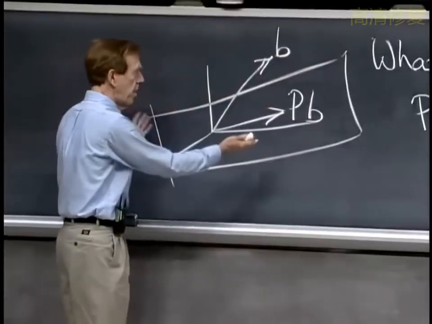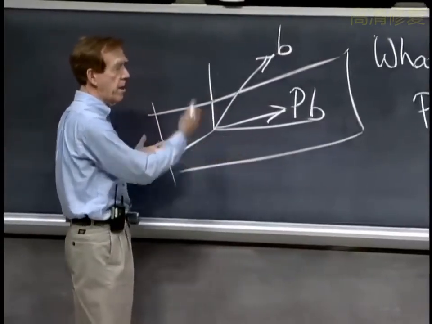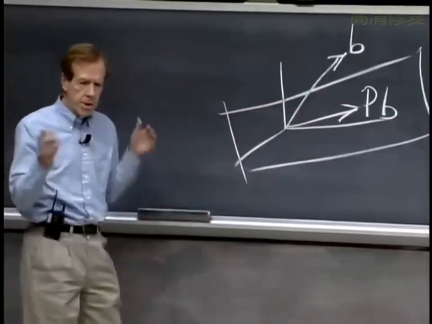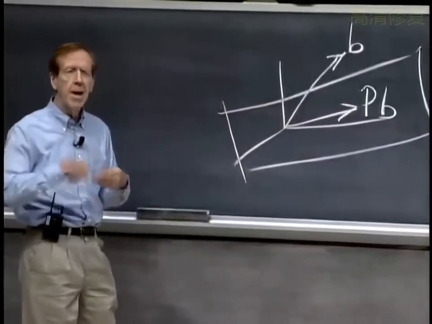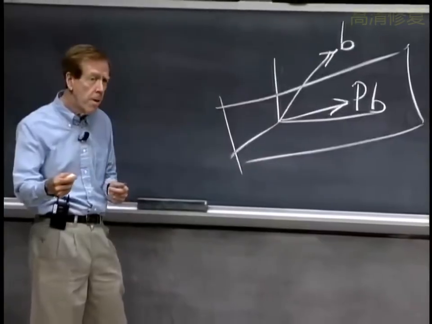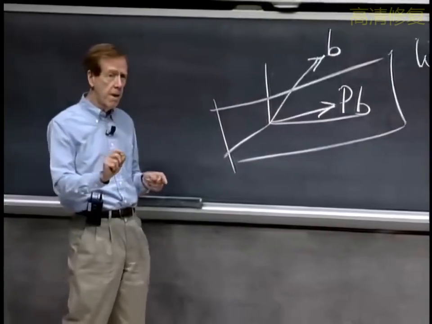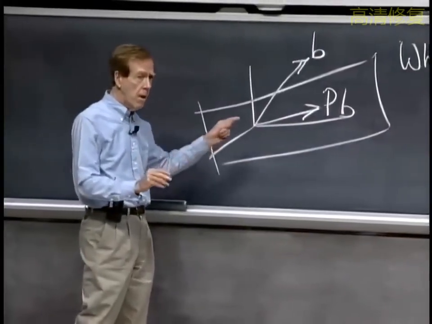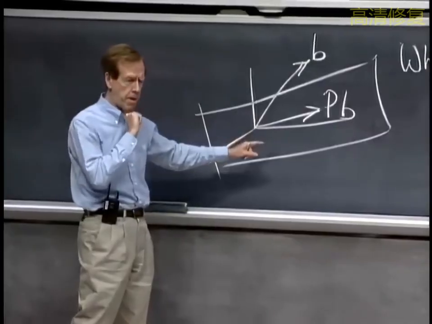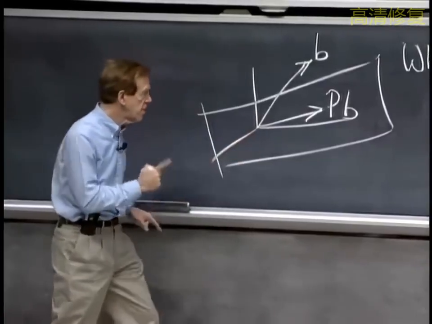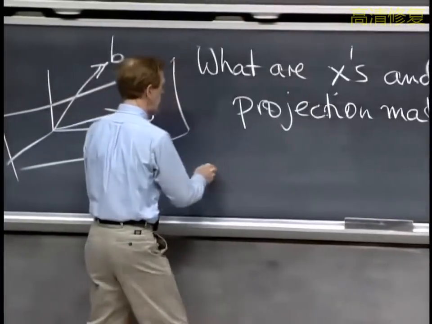In this picture, where could I start with a vector b or x, do its projection, and end up in the same direction? Well, that would happen if the vector was right in that plane already.